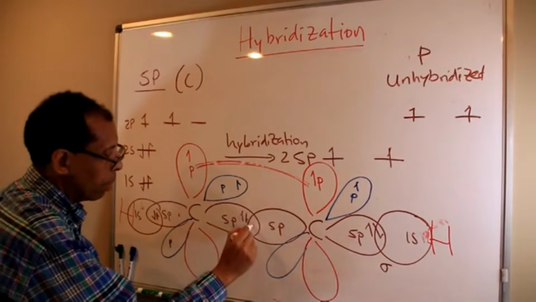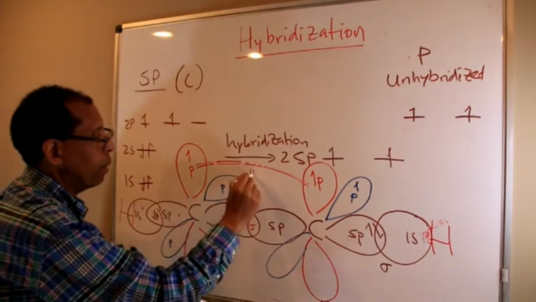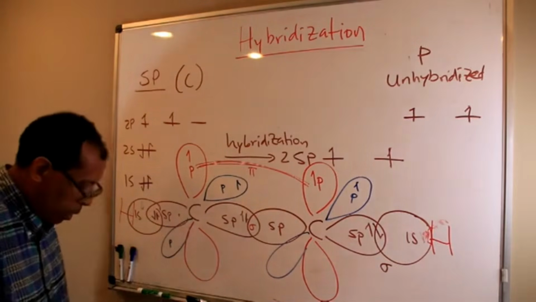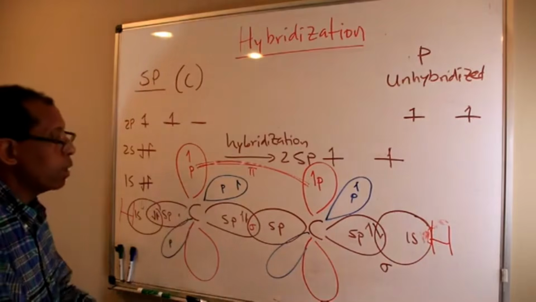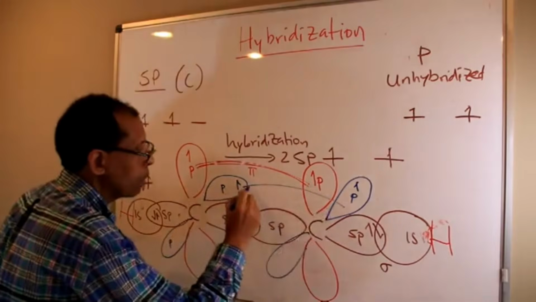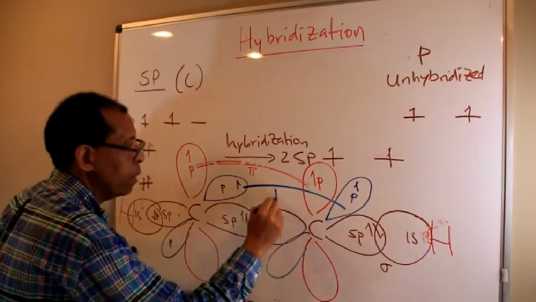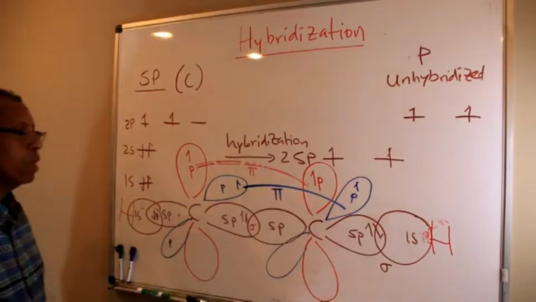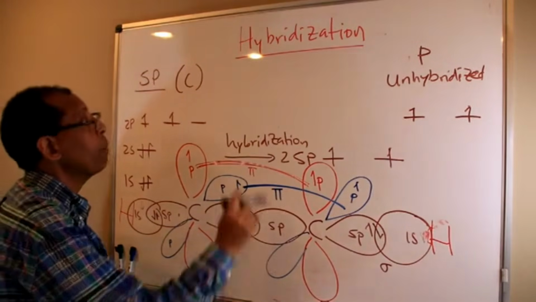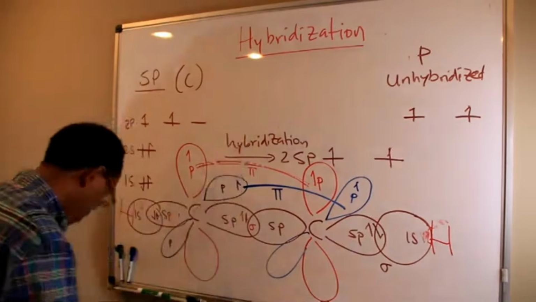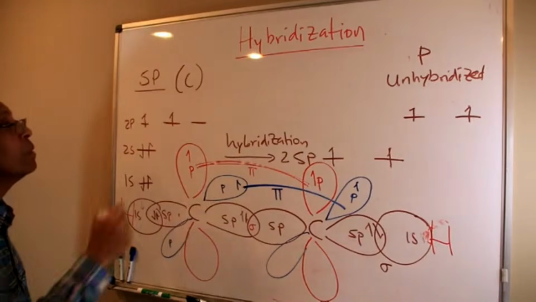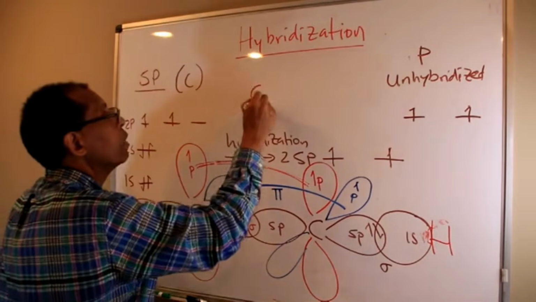This is a sigma bond. This is a pi bond. Furthermore, the other 90 degree oriented p orbitals also make a pi bond, because it's a p-p overlap. So when it's representing a molecule like this, it's acetylene with sp hybridization. So it looks like this.